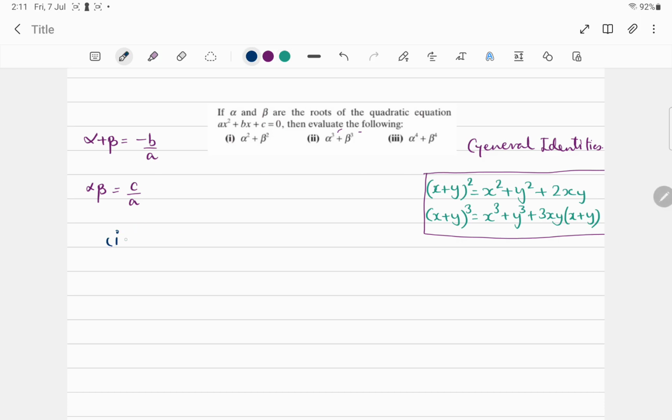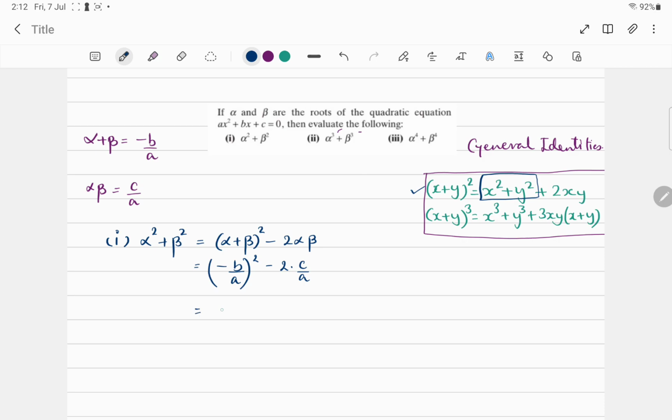So the first one says alpha square plus beta square. Here we have to use the first identity. Let's rearrange that, and that will give us alpha plus beta whole square minus 2 alpha beta. Now we will substitute the values of alpha plus beta, which is minus b over a whole square, minus 2 times c over a.